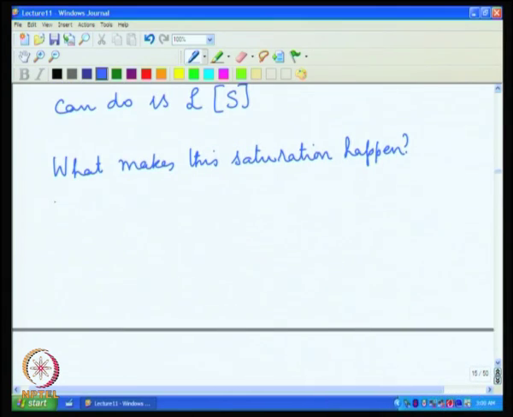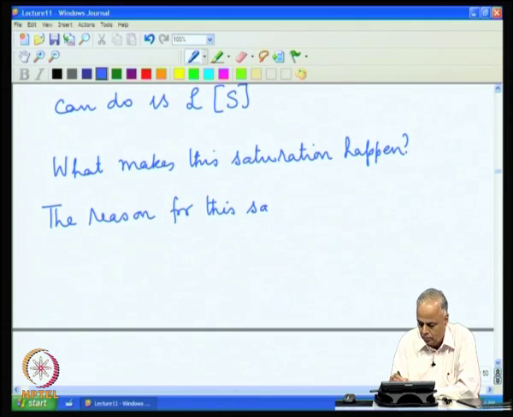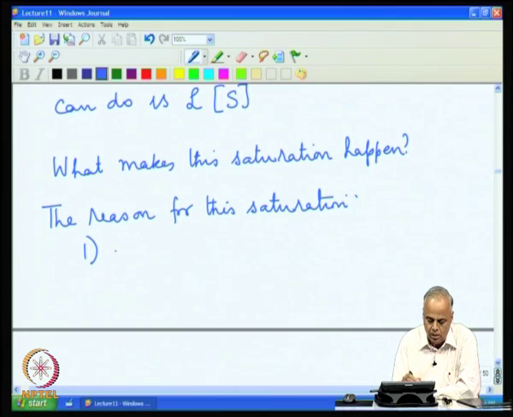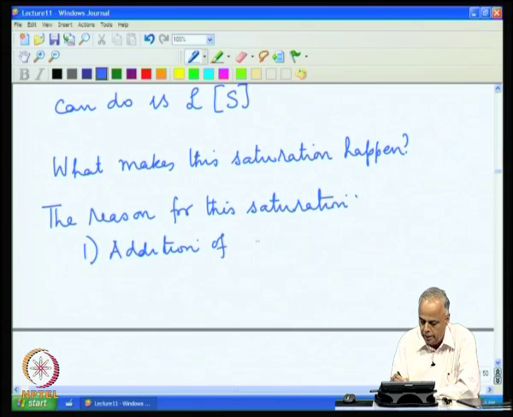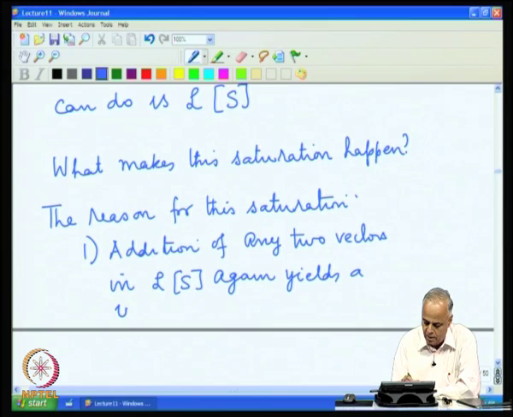So, the reason for this saturation is twofold. One, addition of any two vectors in LS again yields a vector in LS.